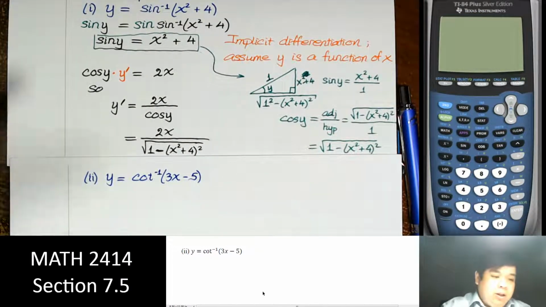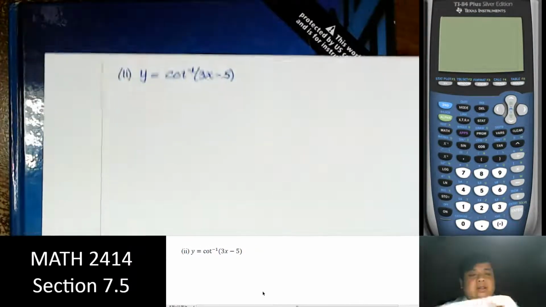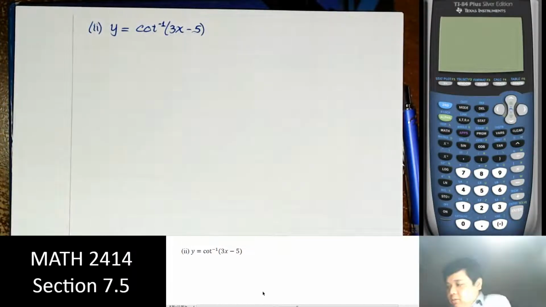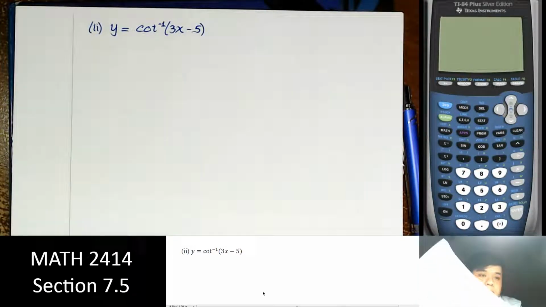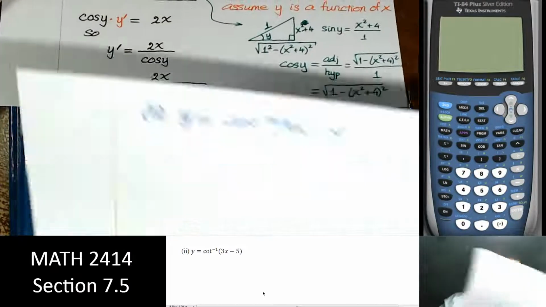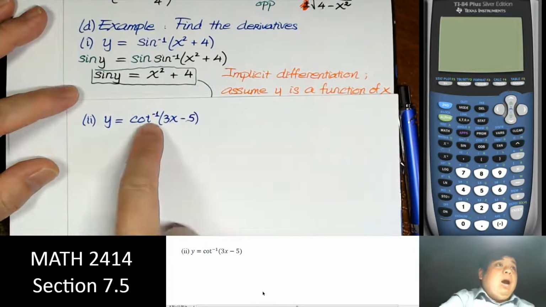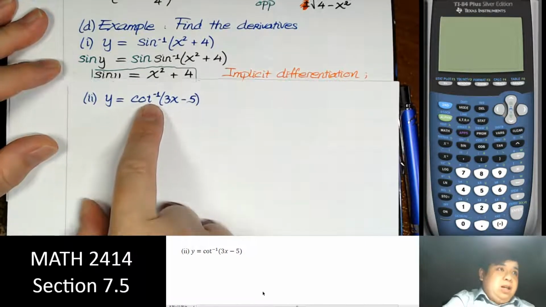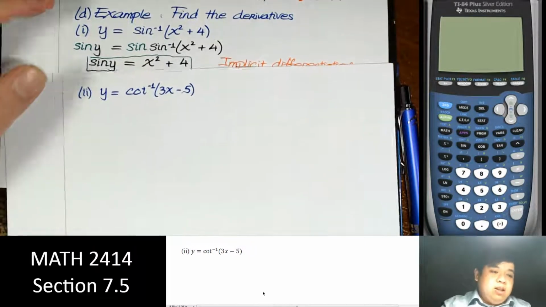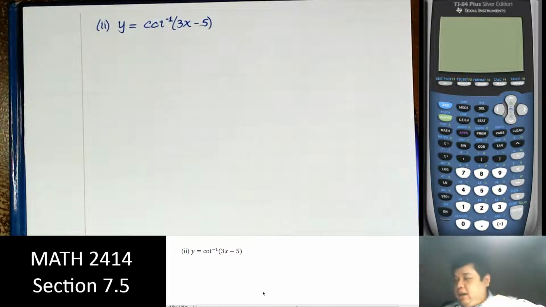Right. Next we have this one. I can keep that as a reference. So the first thing we do is get rid of the cotangent inverse. So we take cotangent on both sides. That we do.